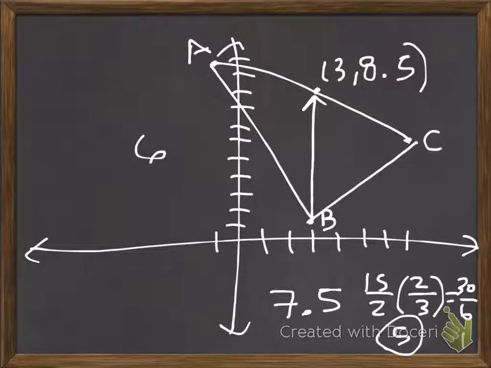So that's 6 on the y-axis, and 3 was already on the x-axis if I'm using the line from B to the midpoint. So my centroid is going to be 3, 6. Right here.